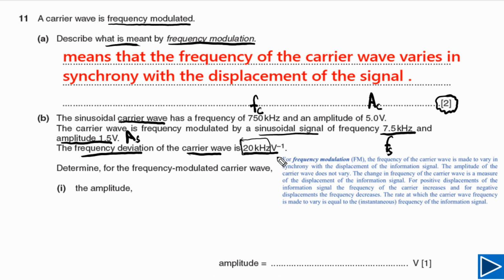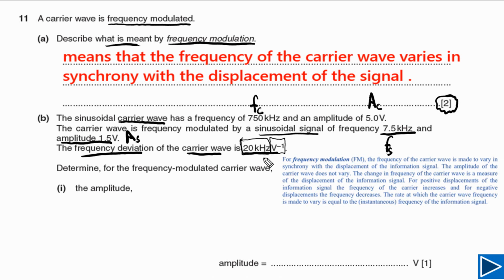So this is the frequency deviation. It means how much the frequency of the carrier wave will change depending on the amplitude of the signal. If the amplitude of the signal changes by 1 volt, the frequency of the carrier wave will change by 20 kilohertz.